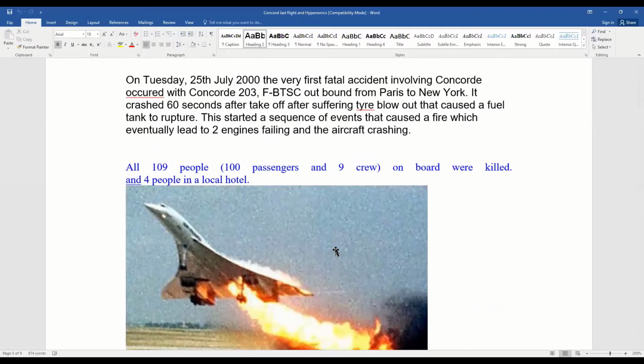I forgot whether it was LaGuardia or Charles de Gaulle. But what happened was a tire blew out during takeoff, flew up and ruptured the fuel tank. It took the airplane out and it crashed into a hotel or an apartment complex in Paris. So everybody on board was killed, as well as 4 people on the ground.